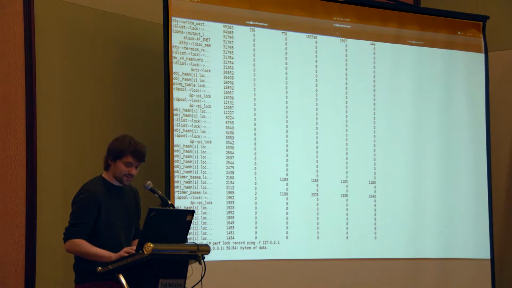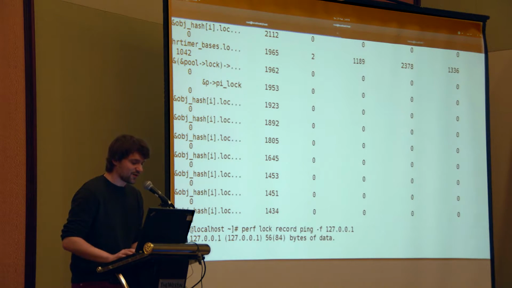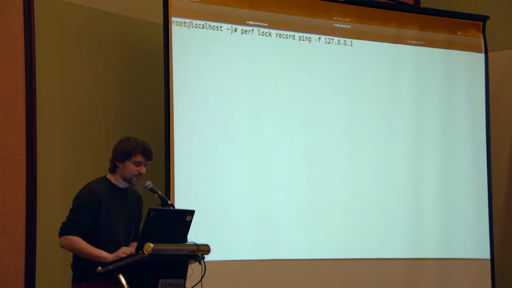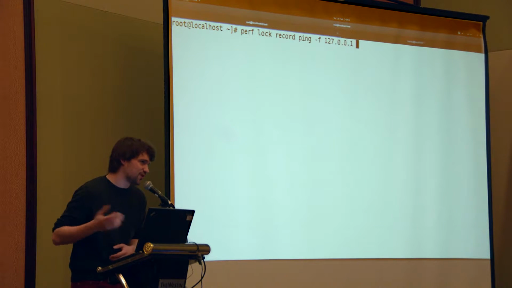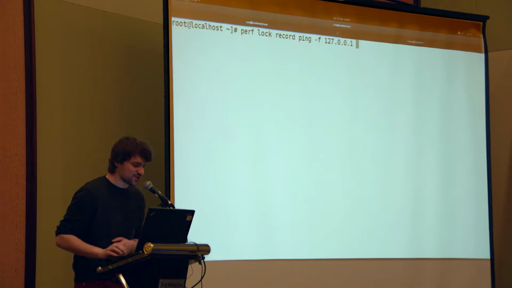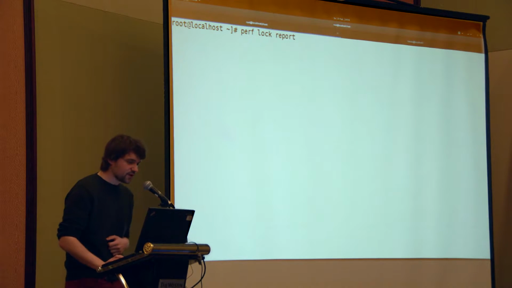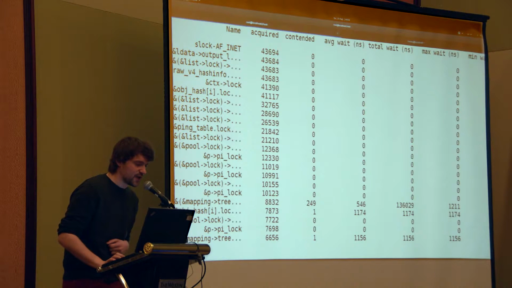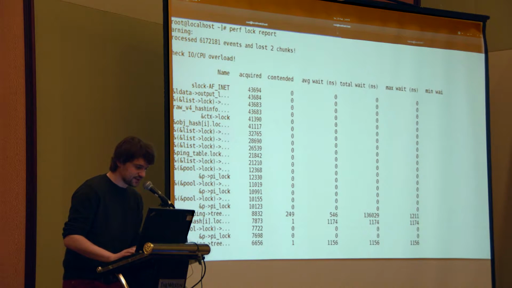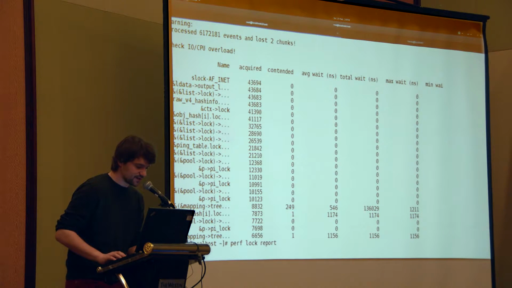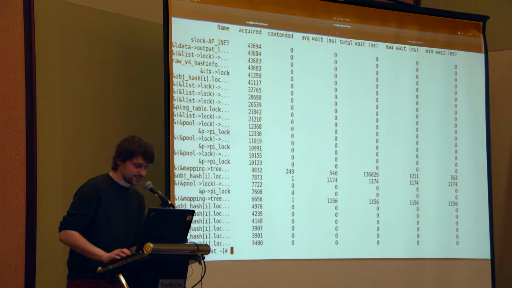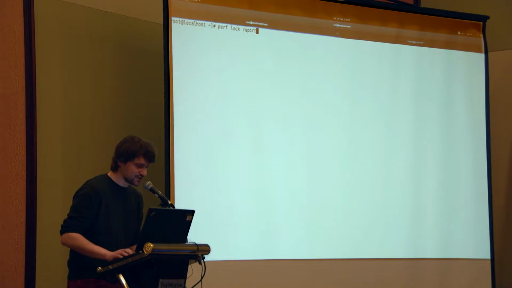It was basically this here, just arbitrarily generating some SKBs in the stack. And now it generated a new perf data file, and I can now perf lock report it. So what we now have is... it's still a bit too large.